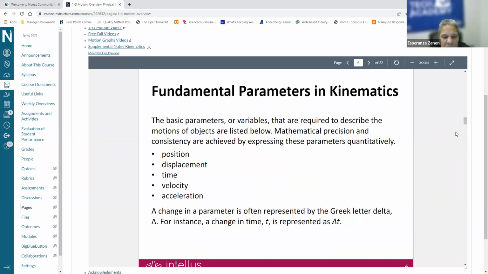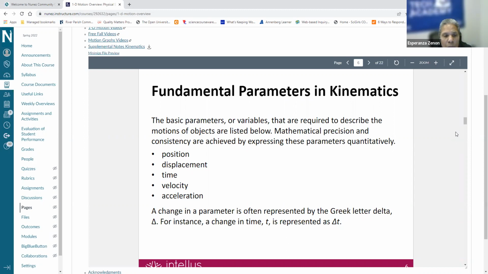So things like position. So if an object is moving, measure its position. Measure its displacement. Measure the time involved. Measure its velocity. Measure its acceleration. All of the properties that deal with kinematics, we want to determine through measurement.